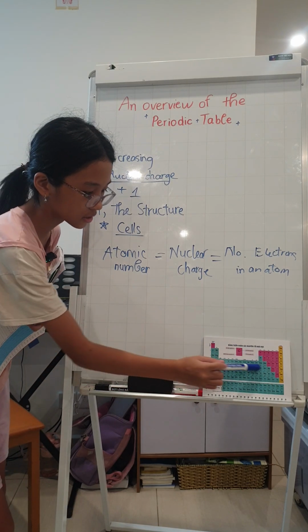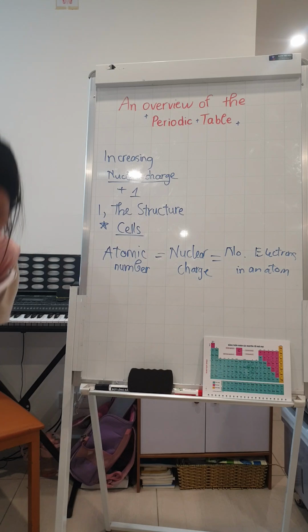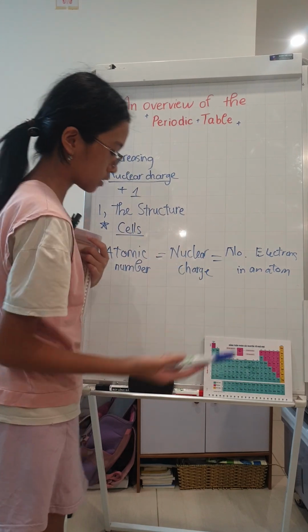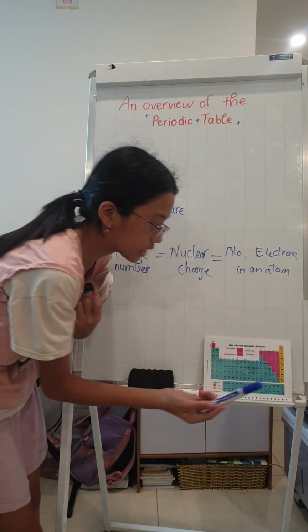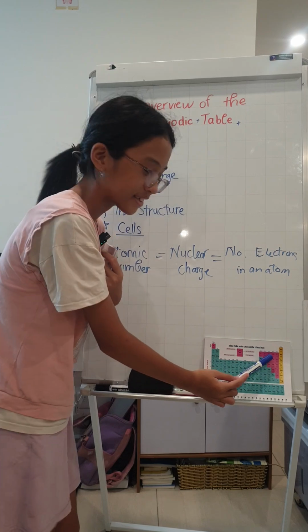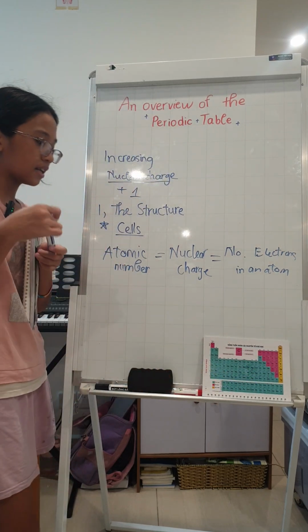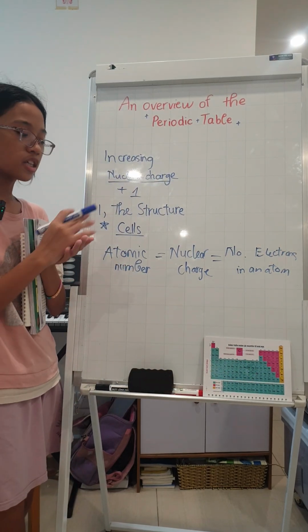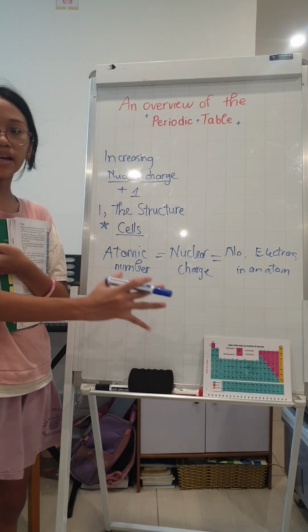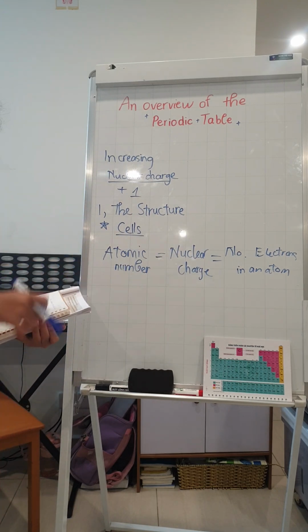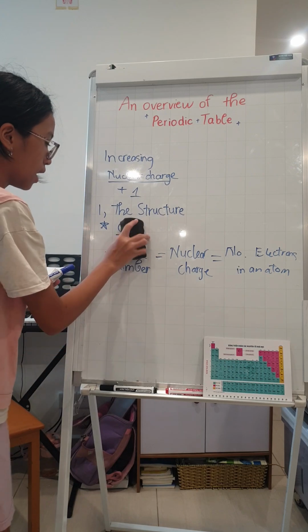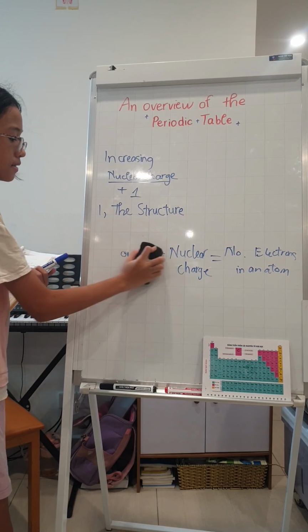And it just increases. So it's arranged in a simple order like this. Or another example, oxygen, as I said earlier, has the atomic number of 8. So its position is in the 8th place in the periodic table. That is about elemental cells.